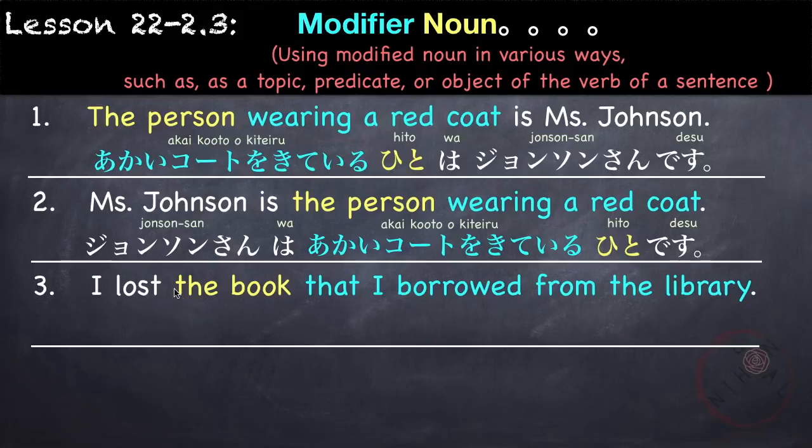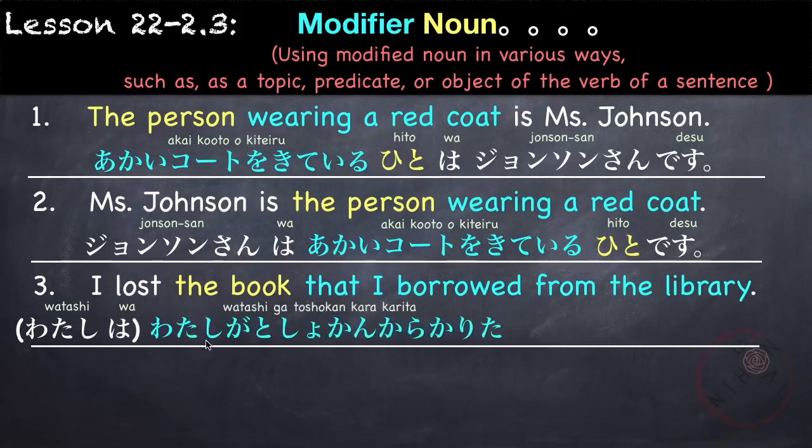So here we are going to use the modified noun as the object of the verb, which is to lose something. 私が図書館から借りた本. So here we have the modified noun. The book that I borrowed from the library.